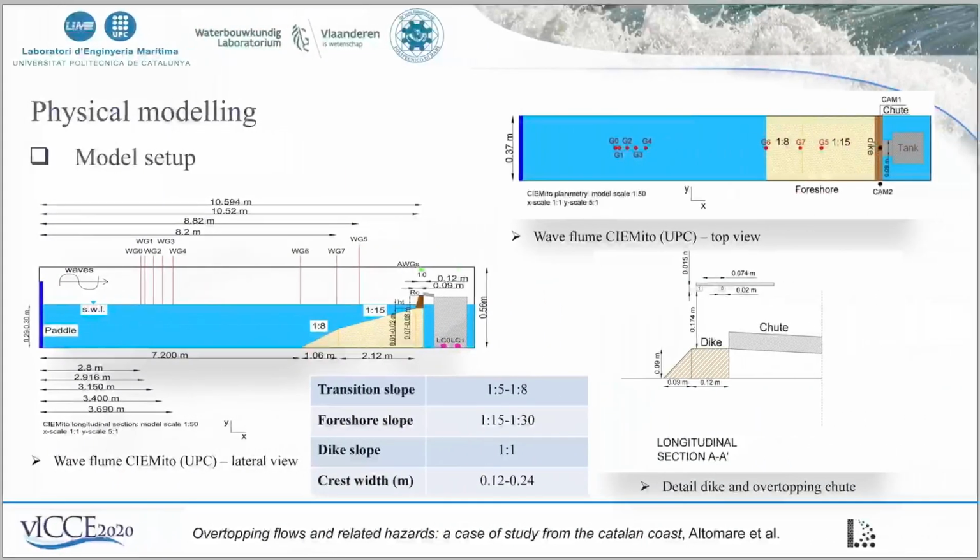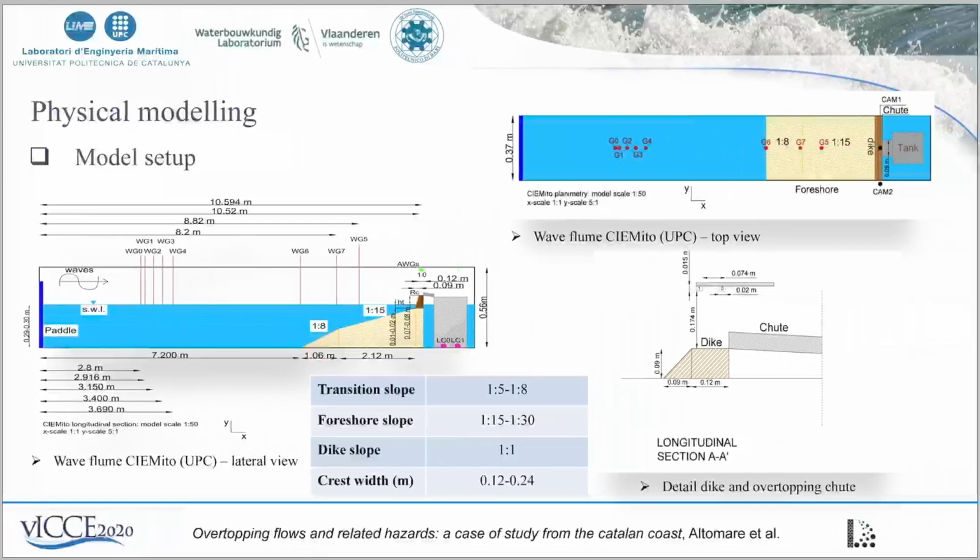So we model this layout in our physical model facility, which is a small-scale wave flume called CIEMITO, just 17 meters long and 37 centimeters wide.